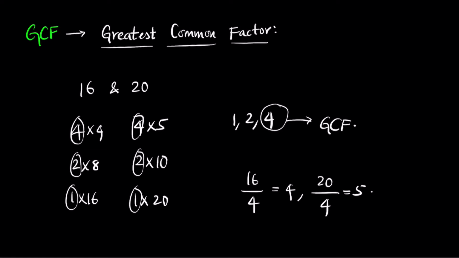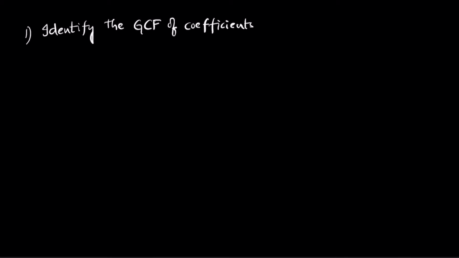Now GCF for a number becomes easier when you think about the number itself. But how do we do it for a polynomial? Let's take an example. What are the steps? The first step is to identify the GCF of the coefficients. Number 2, identify the GCF of the variables.